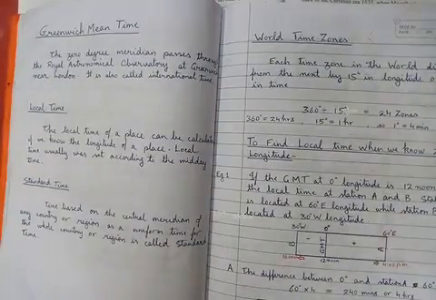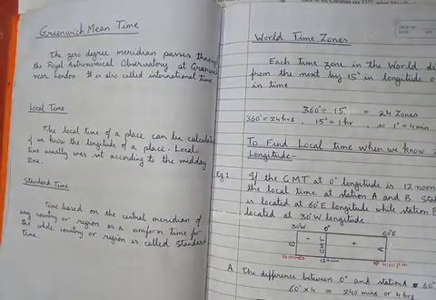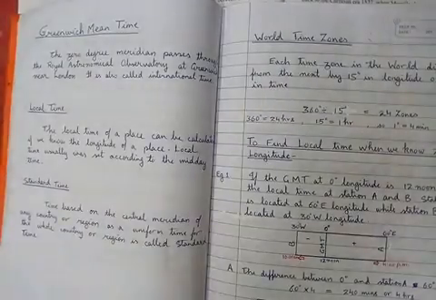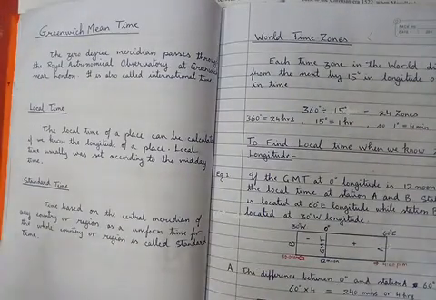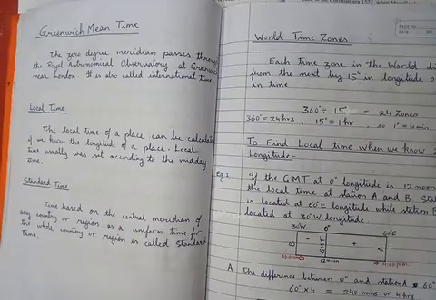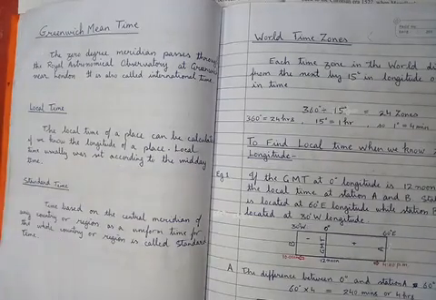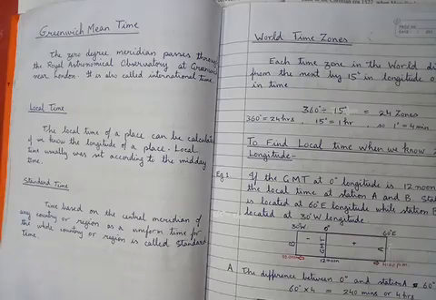The whole world is divided into different time zones of equal duration, because all of you know the earth takes 24 hours to complete one rotation. In this way, each hour time zone is equal to 15 degree.